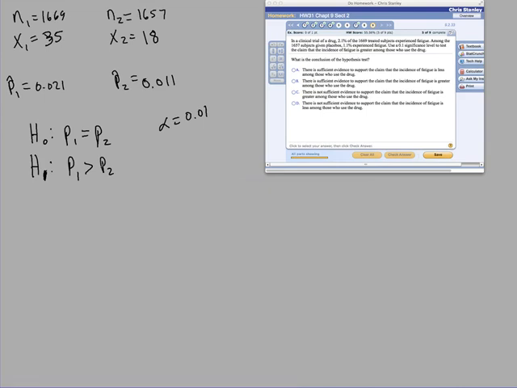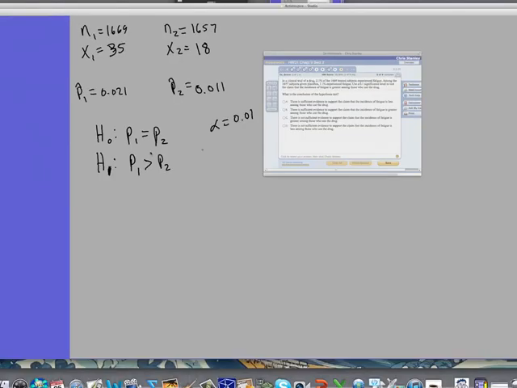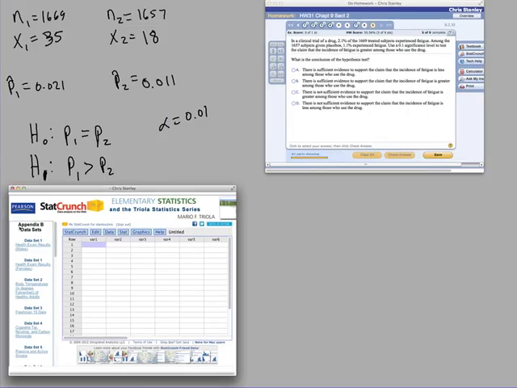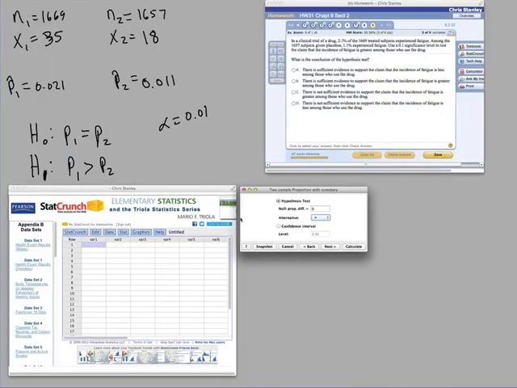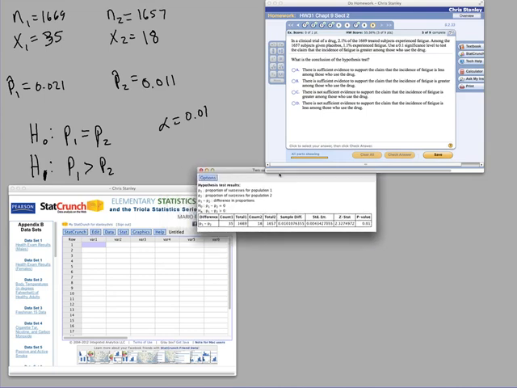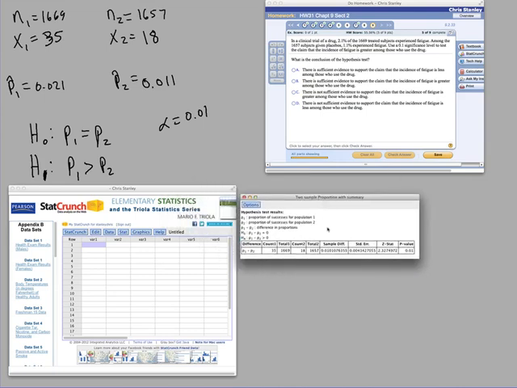See, this matches up with my alternative. Okay, good, and calculating. Of course, I get a p-value of 1%. Okay, I'm going to go ahead and fail to reject because it's not less than 1%.